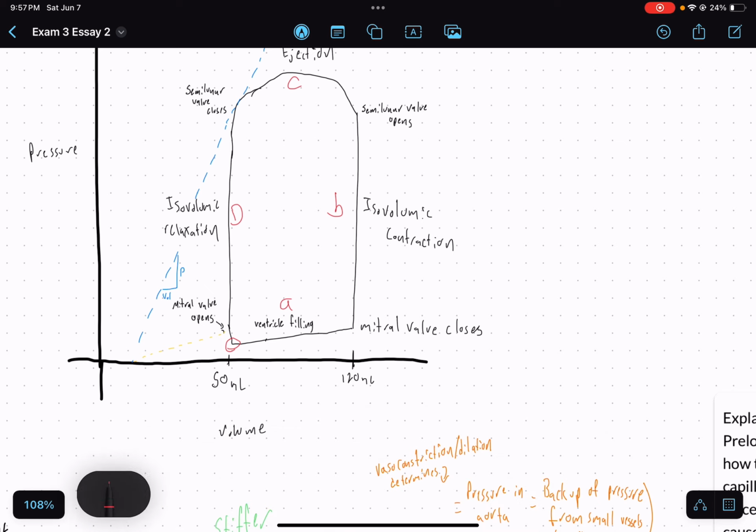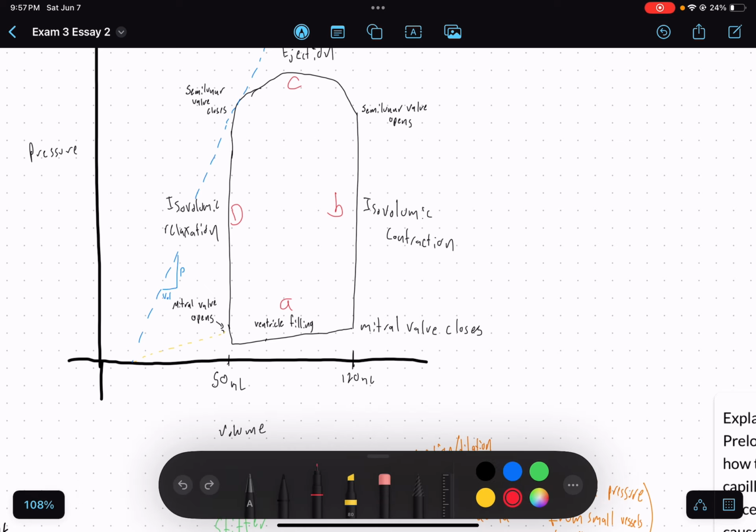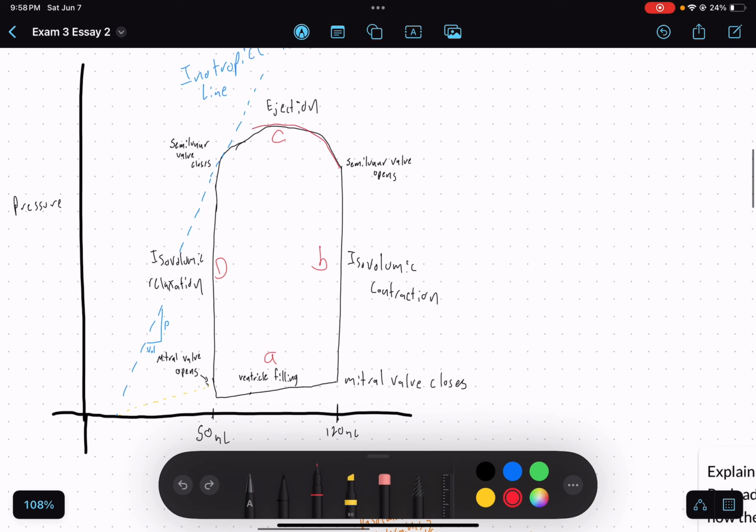And so whenever it starts to fill up, it starts to increase in pressure very slowly until the mitral valve closes. And whenever it does, the ventricle is going to contract until it reaches enough pressure to push open the semilunar valve, which then leads us into our ejection phase.